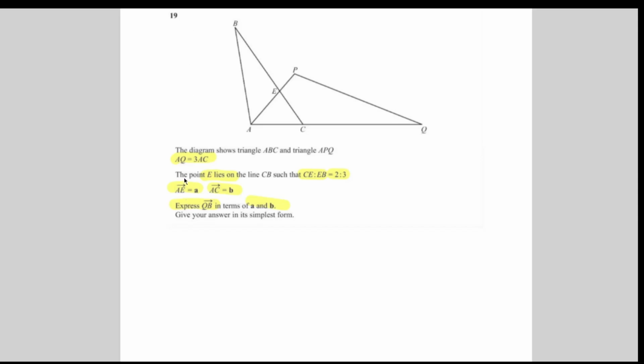Let's label the information that we've been given here. First thing is AQ equals 3AC, 3 times AC. AC is given as b. Then AQ equals 3b. Let's label it.